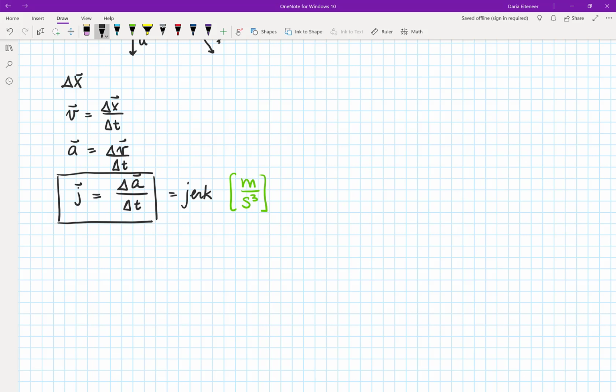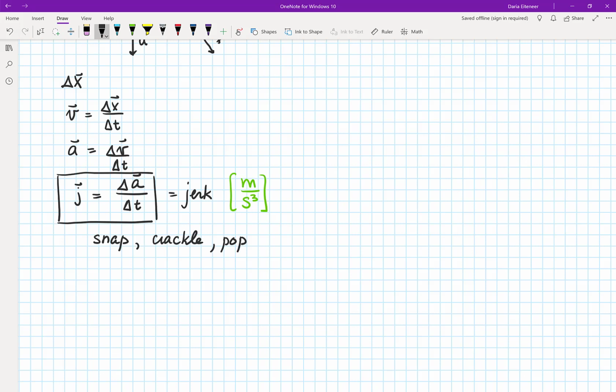So everybody always gets a good chuckle out of it when I tell you what the next iterations of this change process are called. The next one is called snap. So change in jerk is called a snap. The next one is called a crackle. And the next one is called a pop. And no, I'm not pulling your leg on this one.